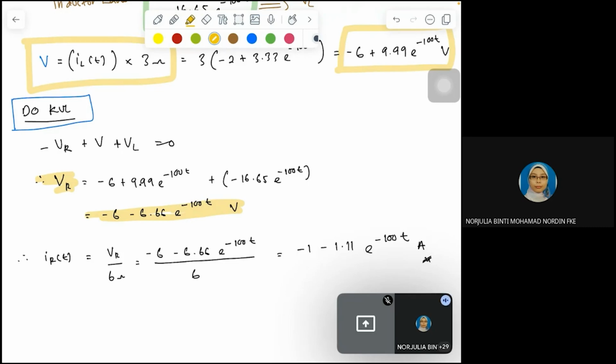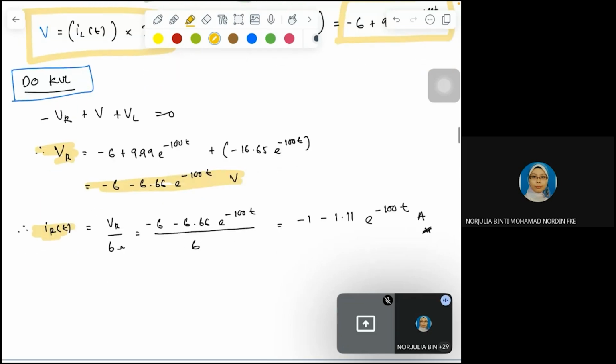After getting the VR expression, finally we can generate our current expression, V divided by R. So this is the final answer required by your question.